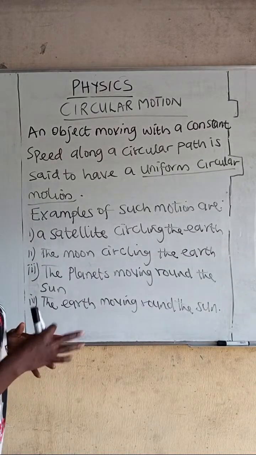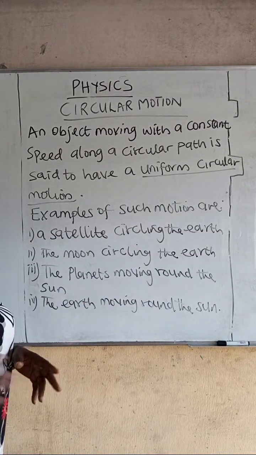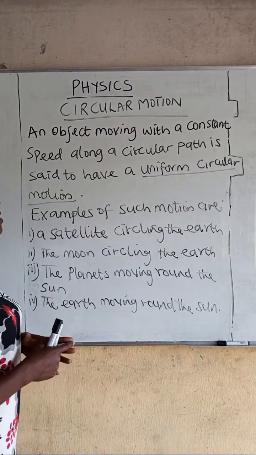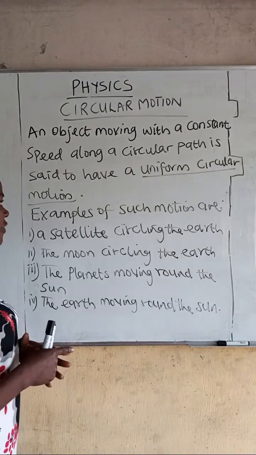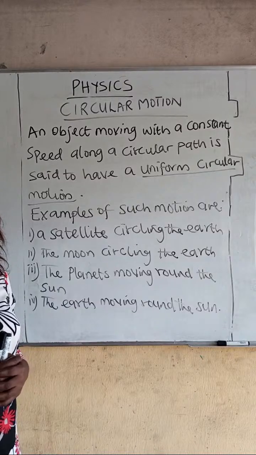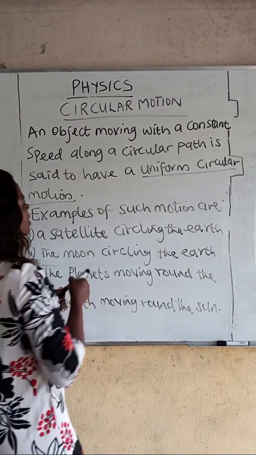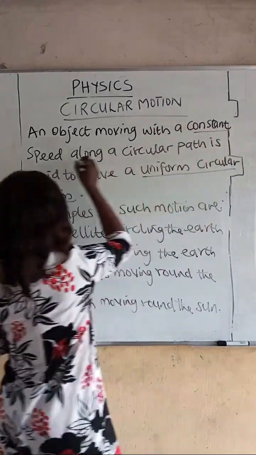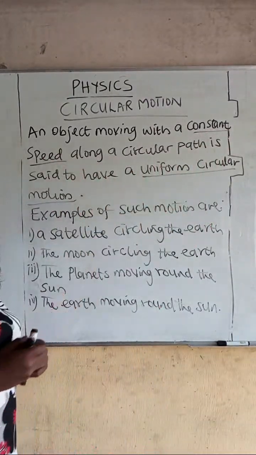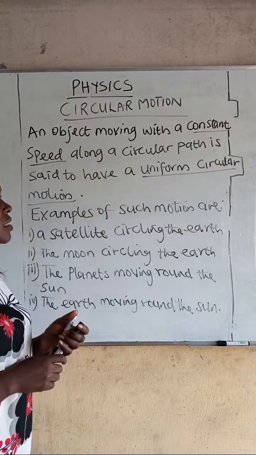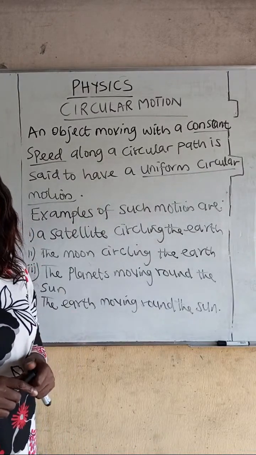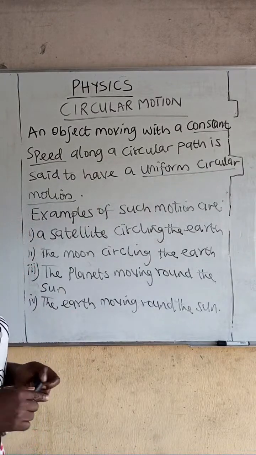Circular motion: an object moving with a constant speed along a circular path is said to have uniform circular motion. An object moving with a constant speed along a circular path is said to have what? Uniform circular motion. What do I mean by that?